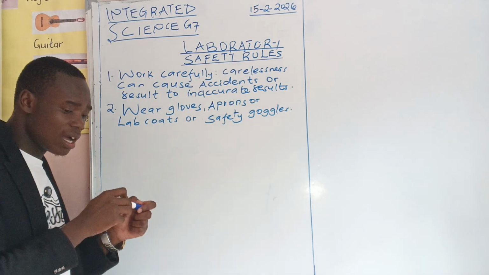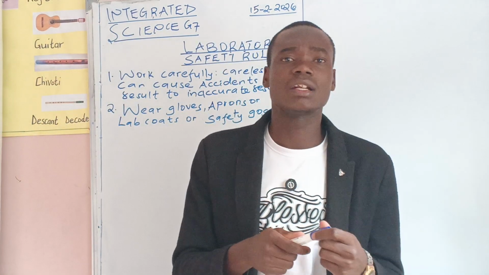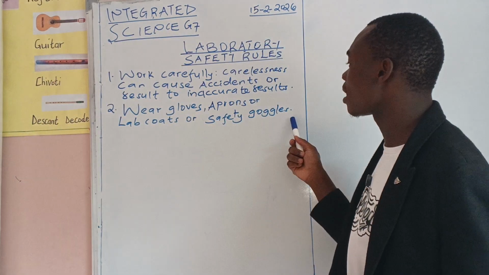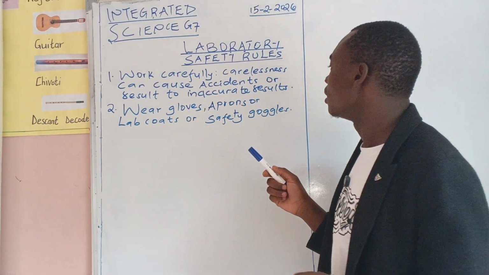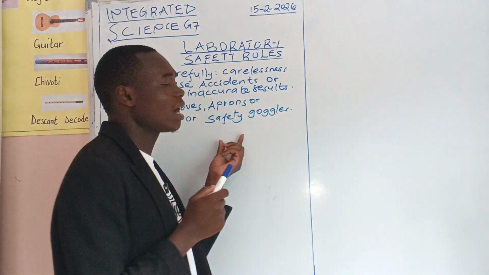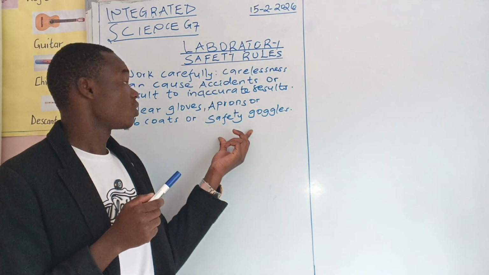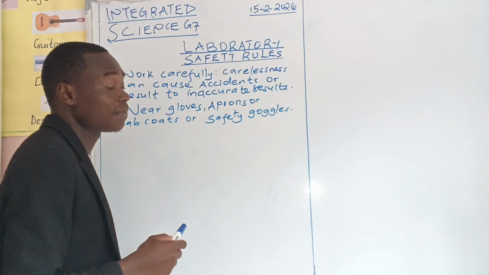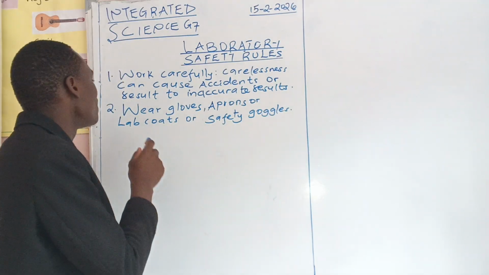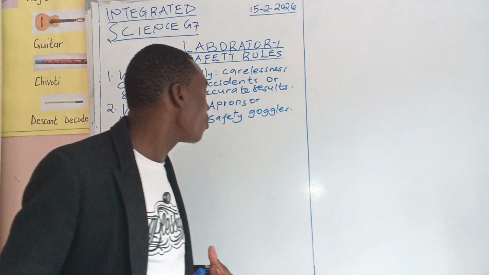Now, remember, as you do experiments and you're working with the chemicals, some chemicals might spill or come into contact with your eyes. So for you to ensure that your eyes are safe, you have to wear the safety eye goggles. And then the lab coats, this is for the entire body protection.